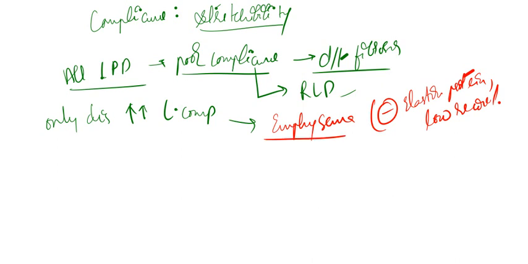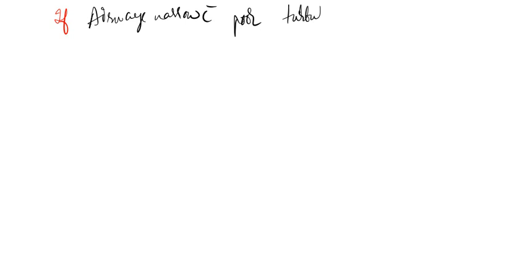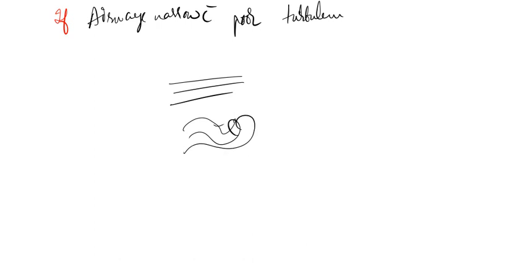Okay. Now, if the airways get narrow with poor turbulent airflow, laminar is like this, turbulent is like this. This is turbulent.